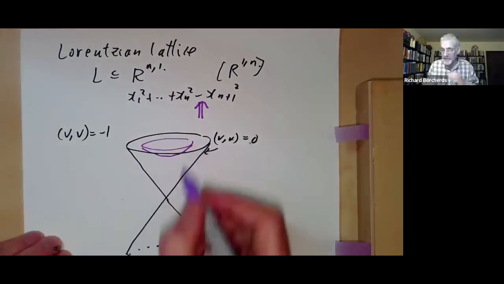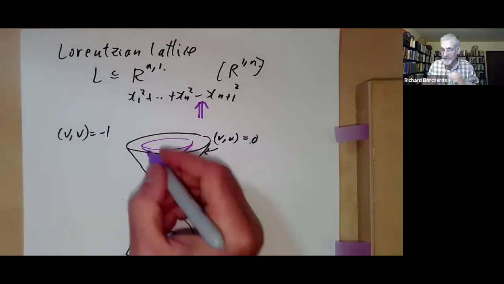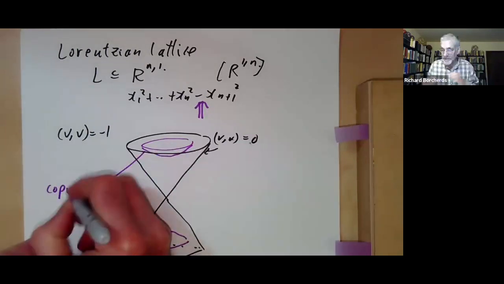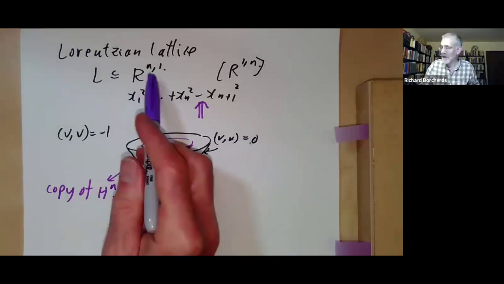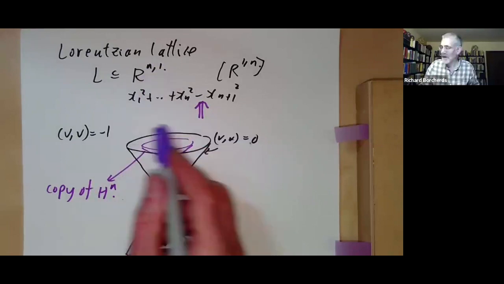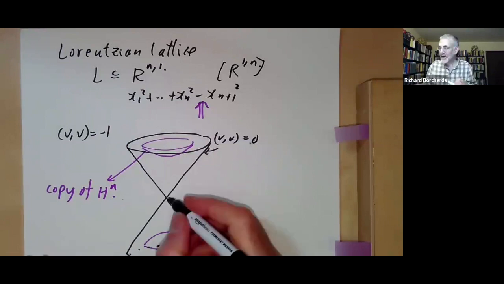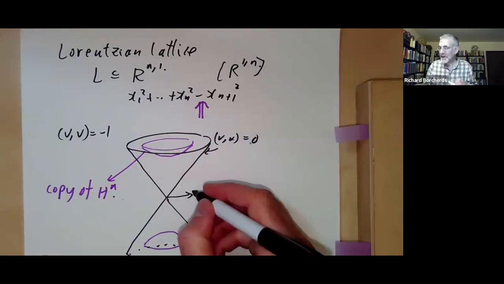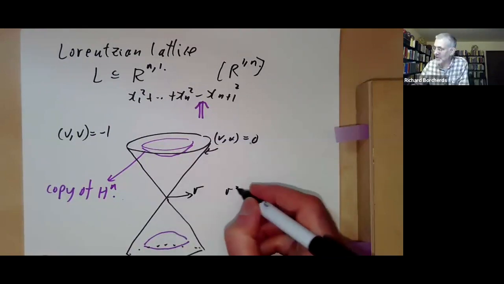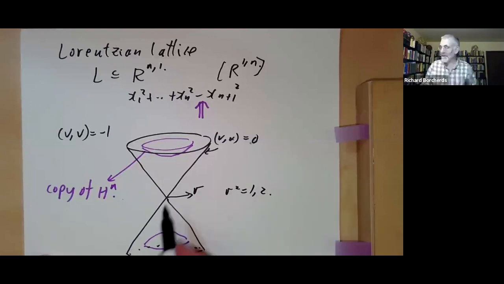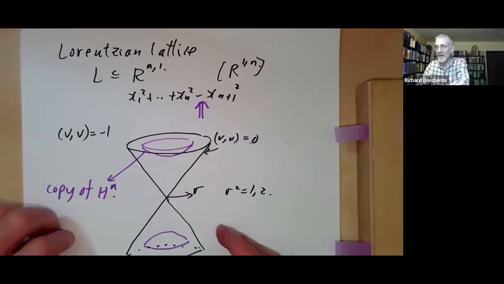And furthermore, the group of rotations in Lorentzian space is, up to a factor of 2 or so, the same as the group of symmetries of hyperbolic space. And we can now get lots of reflection groups by taking a vector r here, preferably with r squared equals 1 or 2. And then if we take the hyperplane orthogonal to this and reflect it, we get a reflection group in hyperbolic space.